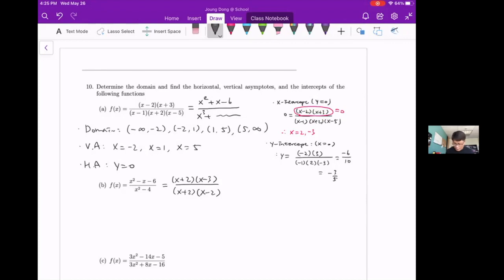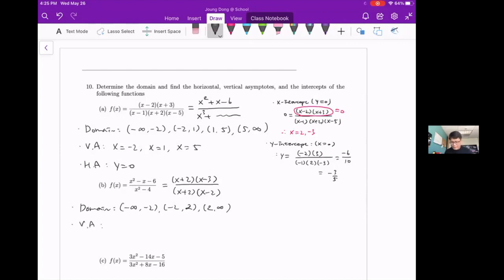So let's start with the domain. The domain is all real numbers except x equals -2 and 2. In interval notation, we can write negative infinity to -2, -2 to 2, and 2 to infinity. And then what about the vertical asymptote?